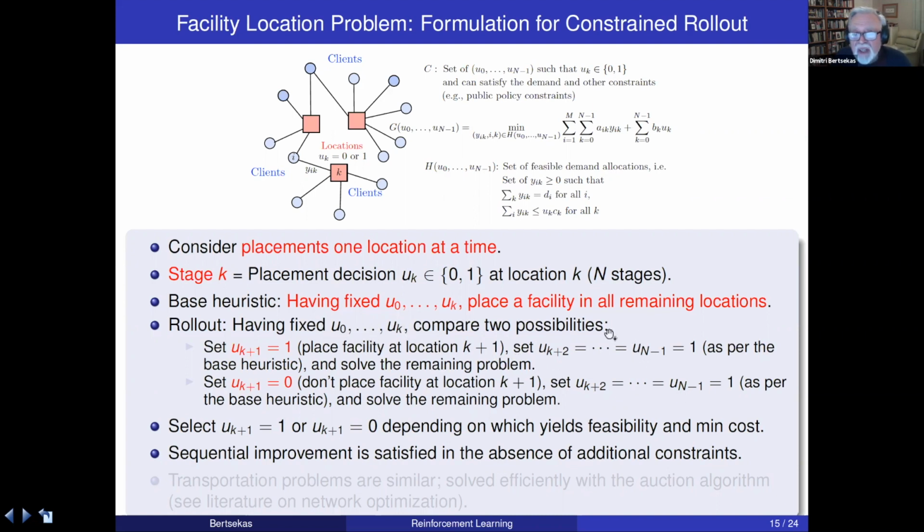Basically, the base heuristic here is not only sequentially improving, but given feasibility is also sequentially consistent. In other words, it stays the course.